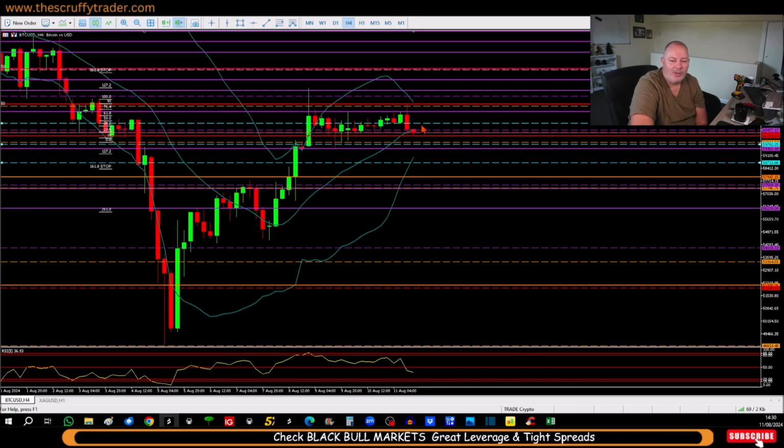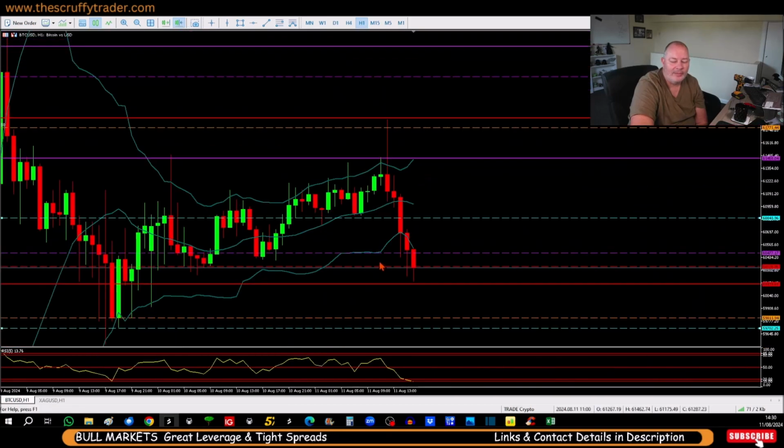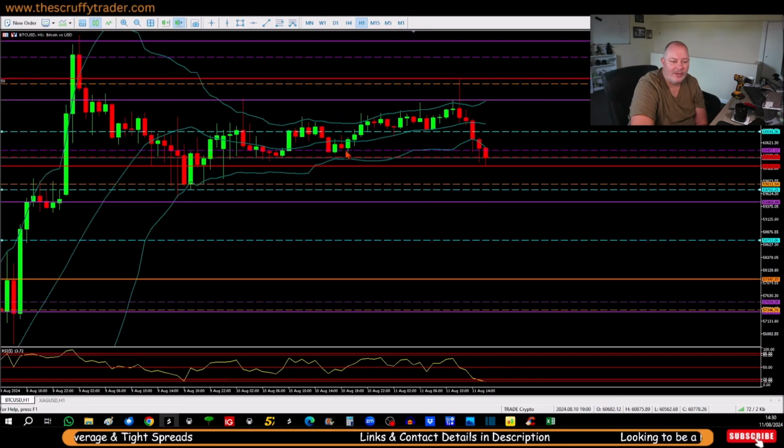There we are. What's happened? It's at the crossroads. It's come across, it's pushing, it's come below that, and it's moving down. Come into the hourly, and the hourly is coming against this and pushing back up on itself. So there's a move inside a move.